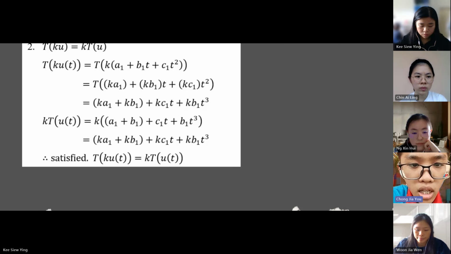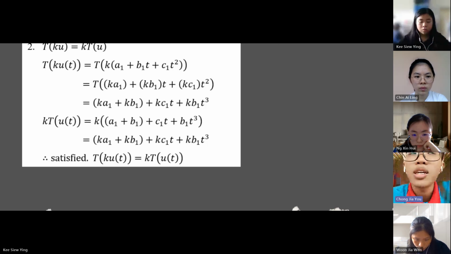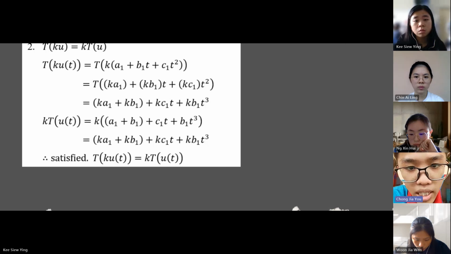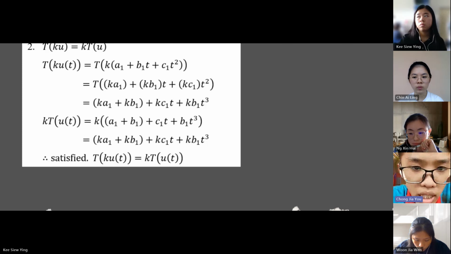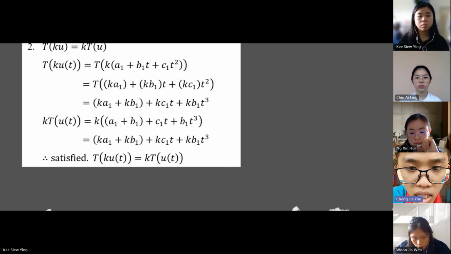So we expand it, then we will get T(ka1 + kb1t + kc1t²). Then we expand and separate it.